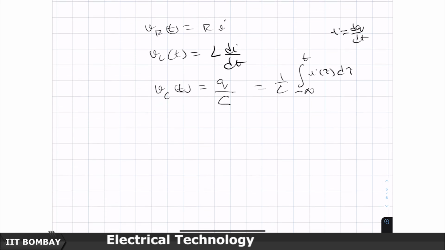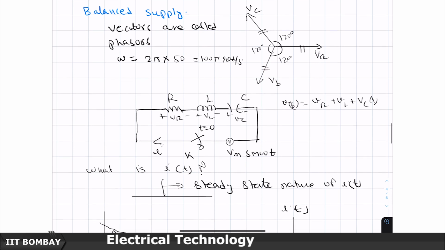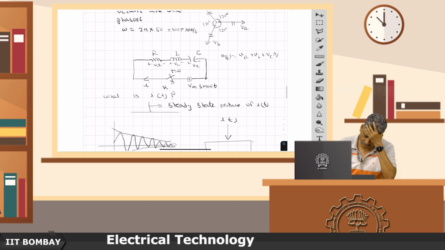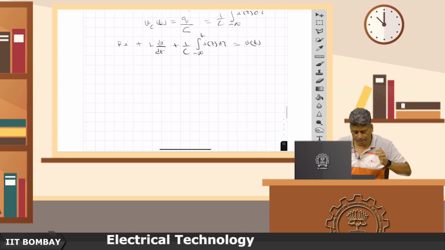So, therefore, the equation for the circuit, because it is a series circuit, all of them are carrying the same current. So, you can write the voltage drop across the three, each carrying the same current I, being a series circuit, as equal to the voltage which is applied, which is Vm sin of omega t.